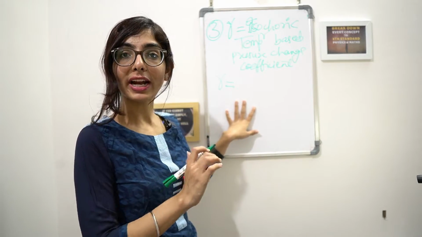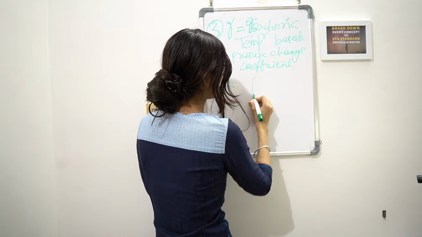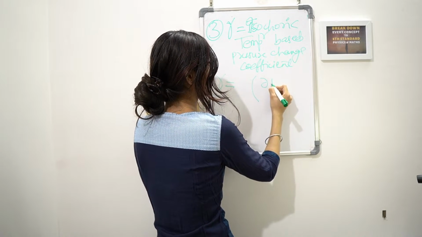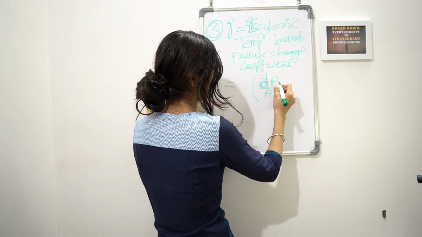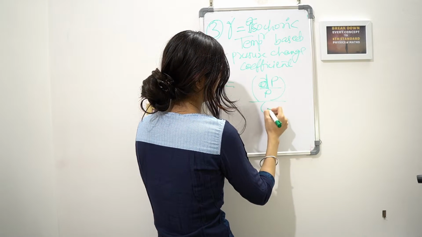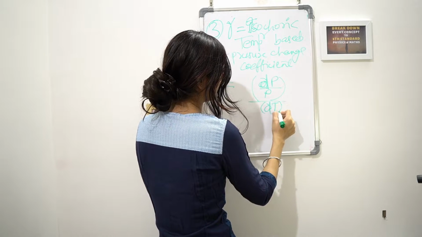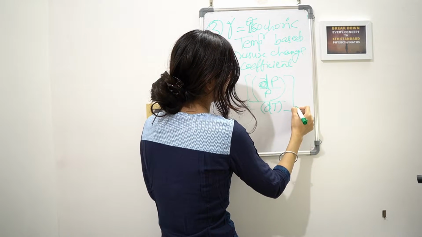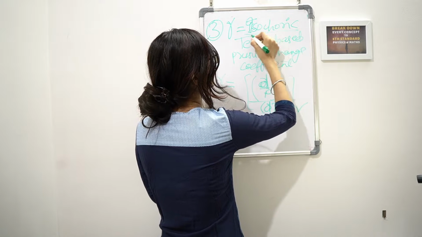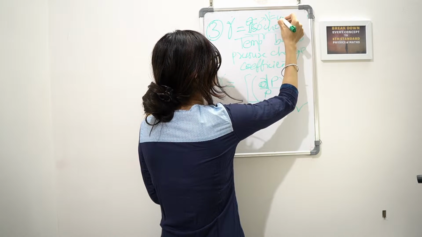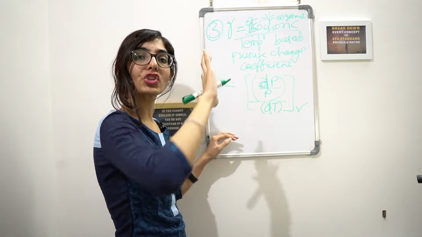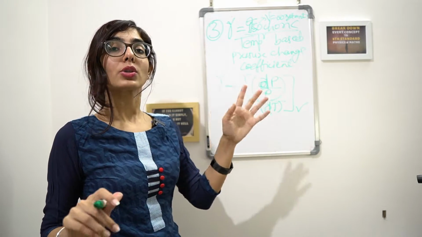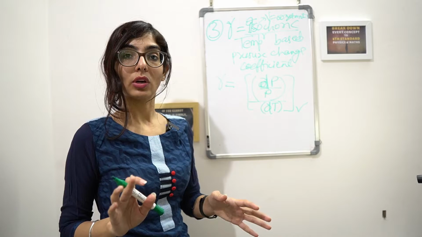So how can we write it mathematically? It would be done like this. The relative change in pressure would be dP by P, write it completely first, divided by dT, and we are keeping volume constant. So isochoric means volume is constant. Isobaric, which came in alpha, means pressure is constant.